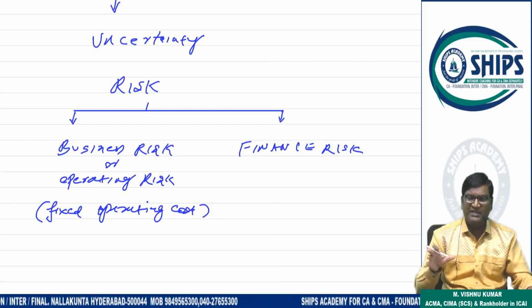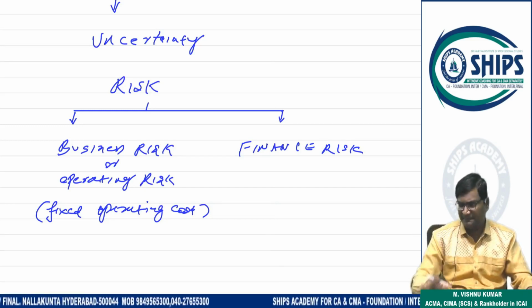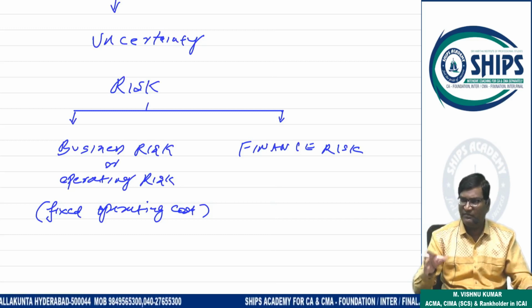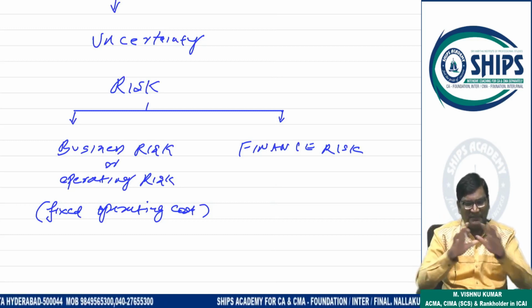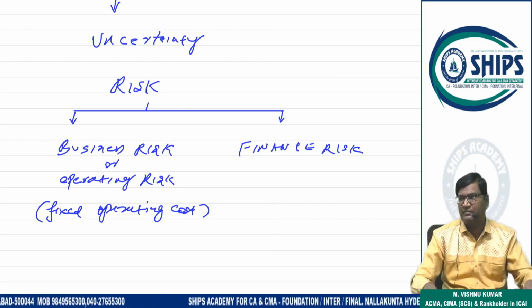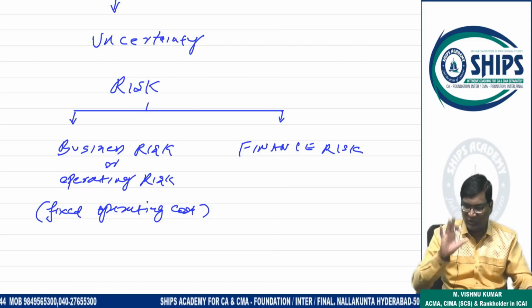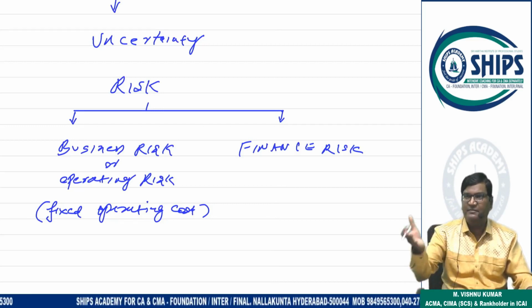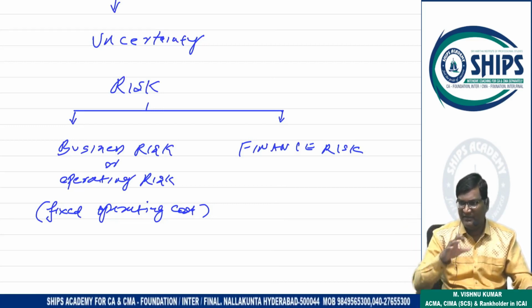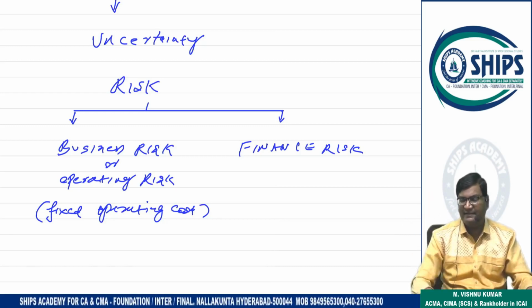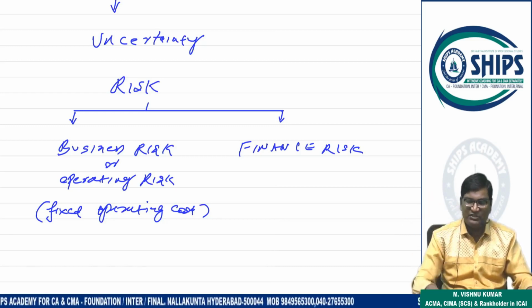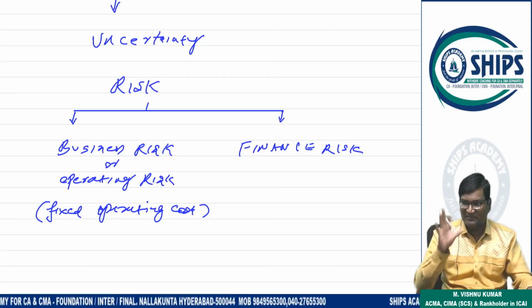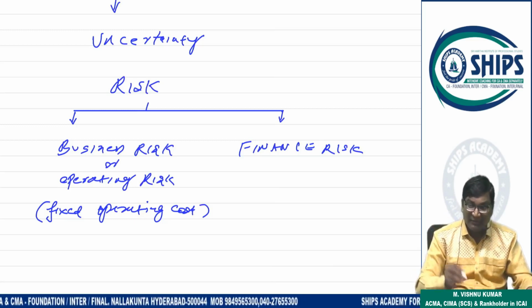So fixed cost is compulsory to incur irrespective of demand. Sometimes there is no demand, like COVID. Did we spend fixed cost or not? So many organizations paid the rent. So many organizations paid salaries, even while people were residing in the lockdown situation. So that is called fixed operating cost.